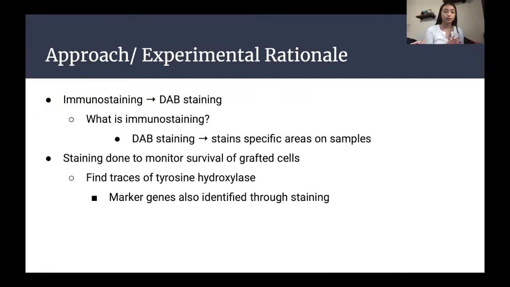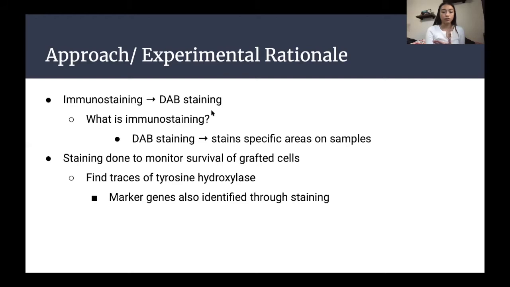Basically, immunostaining is a staining method that uses released antibodies, and these antibodies will detect certain antigens on the sample. So in this case, we are using DAB staining, which is a type of immunostaining. And in DAB staining, hydrogen peroxide will be oxidized, and this oxidation will cause a precipitation to form.